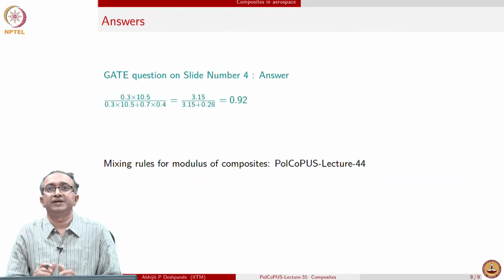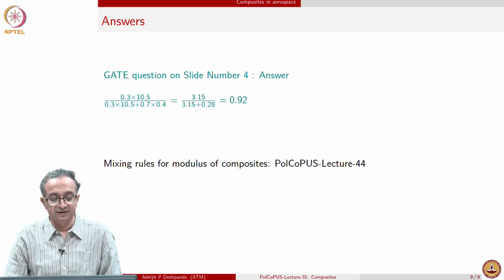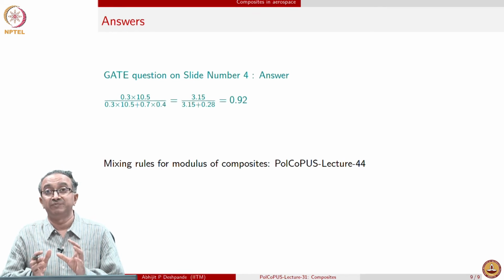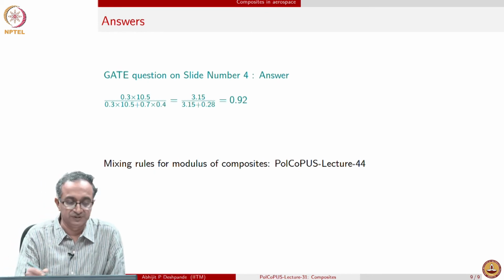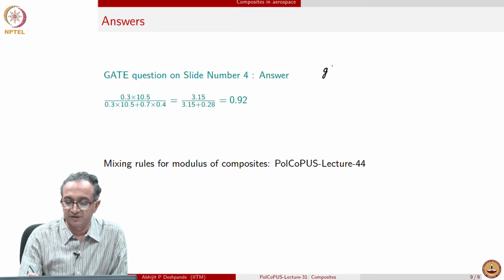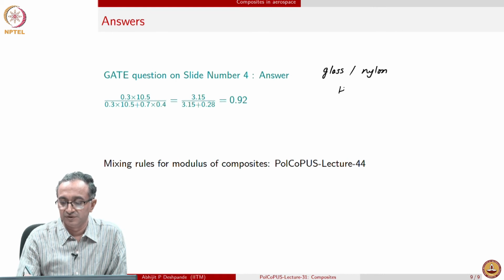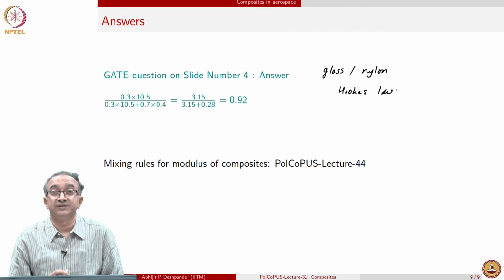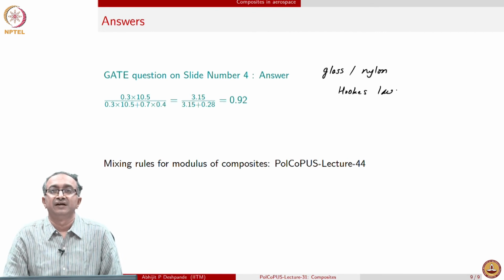So, with this we come to close this lecture. I hope you have been able to formulate your answer to the question: if both of the components are subjected to the same strain, you can quickly calculate the stress they will have, because you can assume Hookean solids for both glass and nylon.